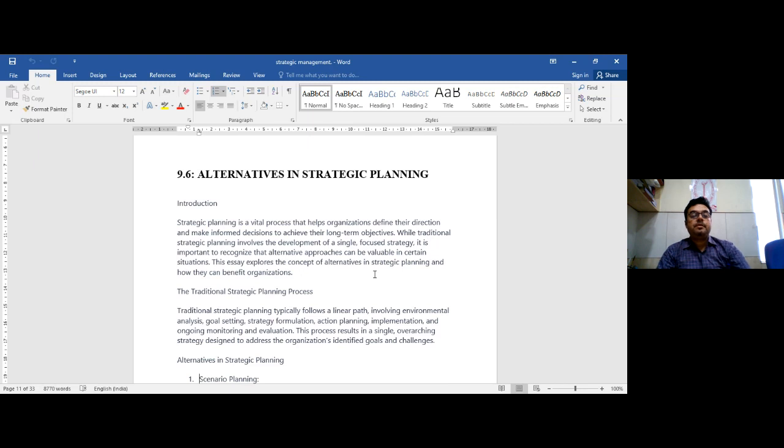Now, strategic planning would be a vital process that would help organizations to define their direction and make informed decisions to achieve their long-term objectives.